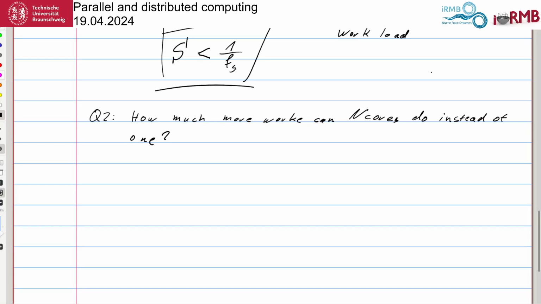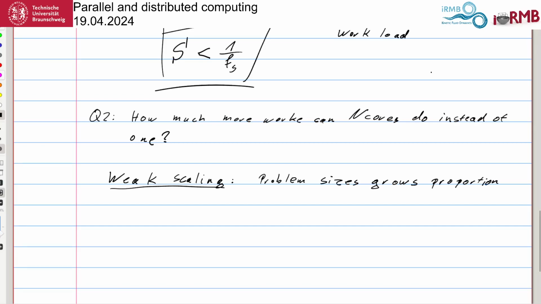It's always annoying that I cannot touch my screen everywhere. So this takes us to what I just announced as weak scaling. Weak scaling is when the problem size grows proportionally to the number of cores, the number of workers.